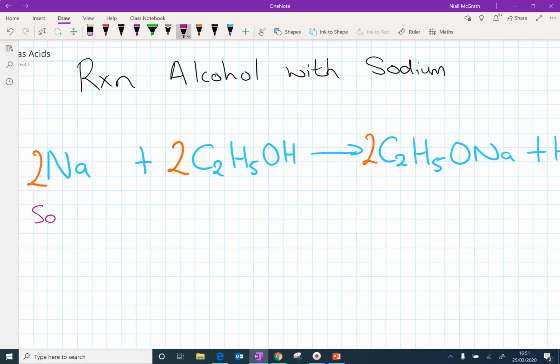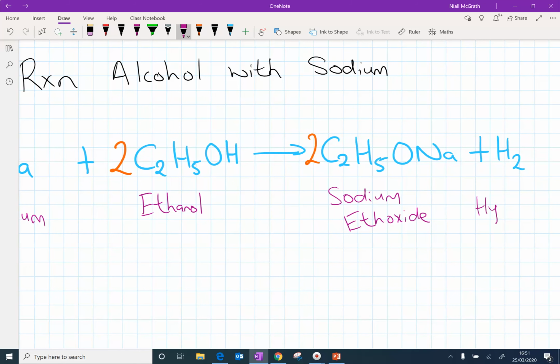So this is our sodium. This is ethanol. This is sodium ethoxide. And then we have hydrogen also at the end.